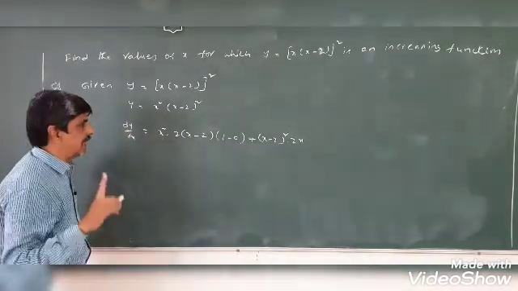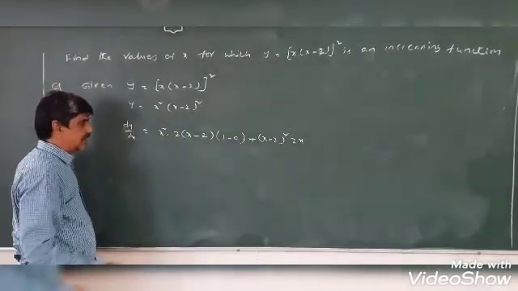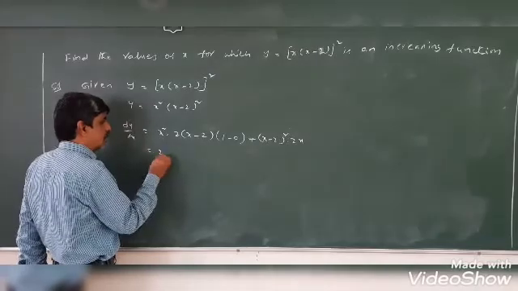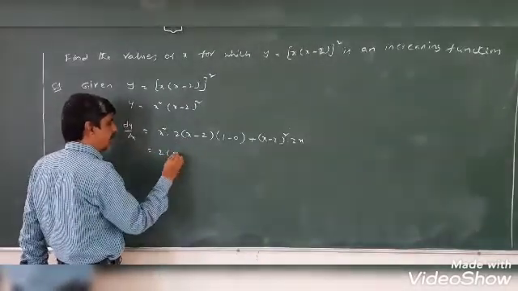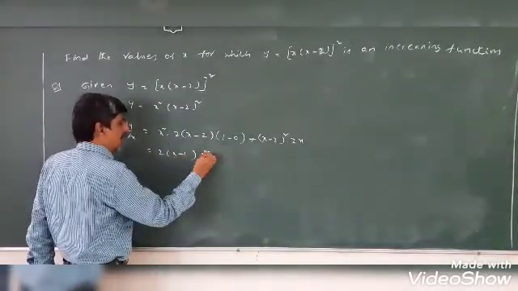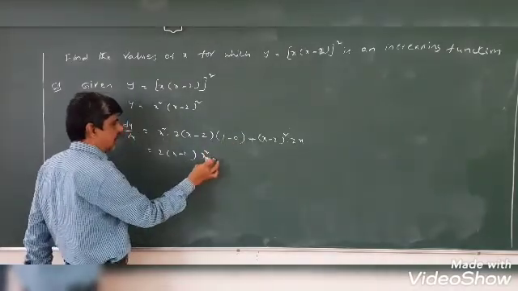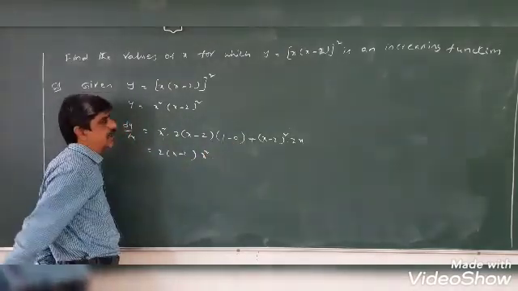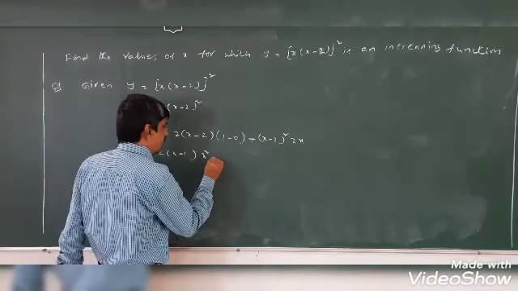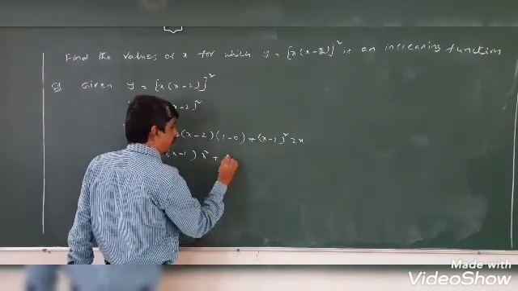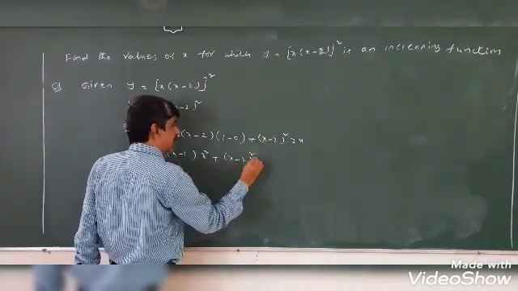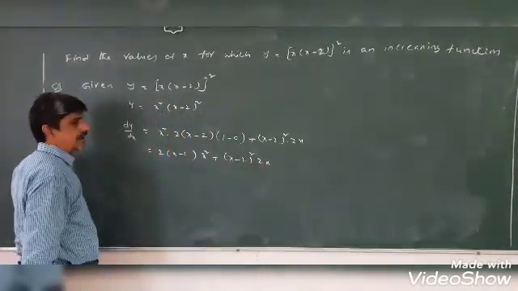Then dy by dx of x is 1. So simplify this: 2 into (x minus 2) into x square into (1 minus 0 is 1), 1 into this total value, plus (x minus 2) whole square into 2x.